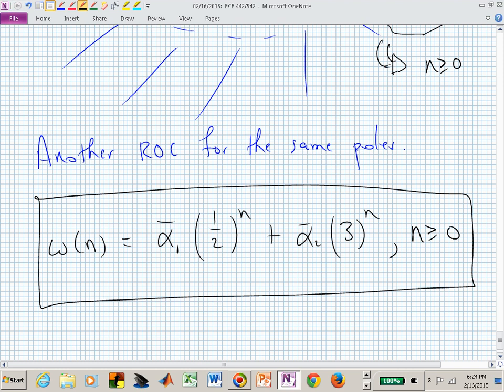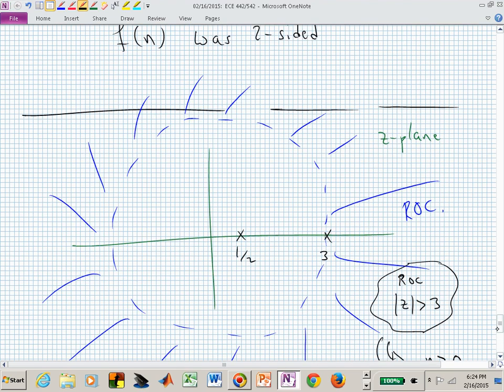The bounded nature is based on where those poles are. If that pole at 3 was allowed to get smaller and go inside the unit circle, then you would have a bounded causal behavior.